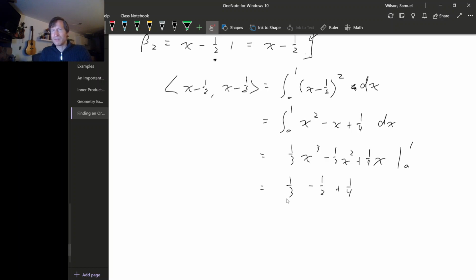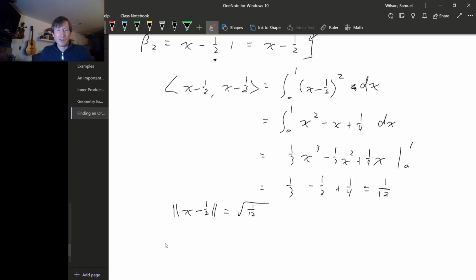So 1/3 minus a quarter, that's a twelfth. So the norm of x minus a half is the square root of a twelfth.